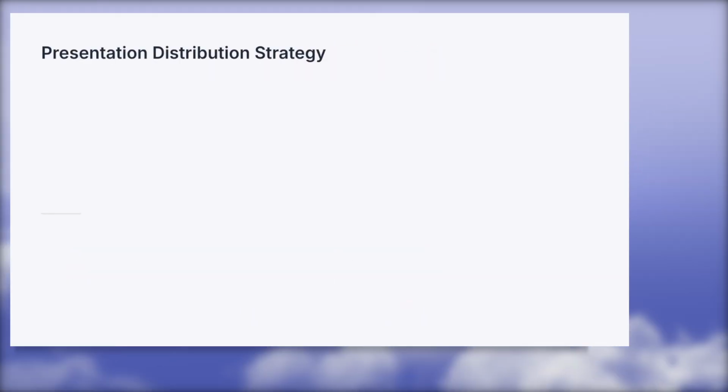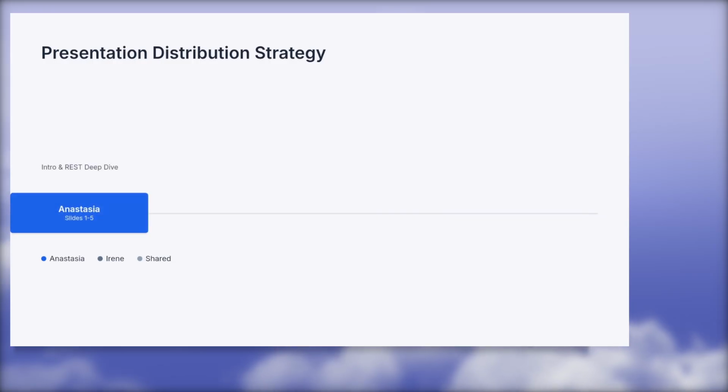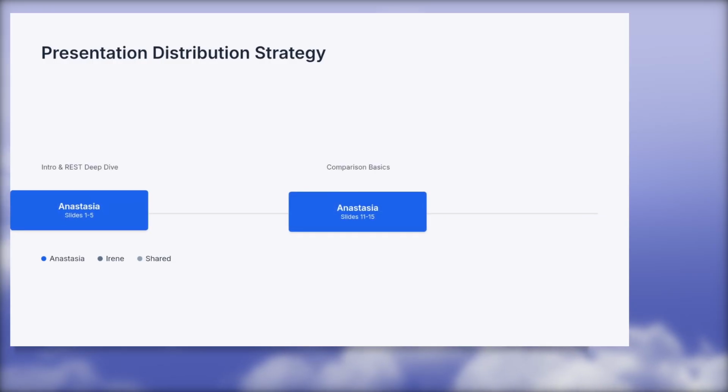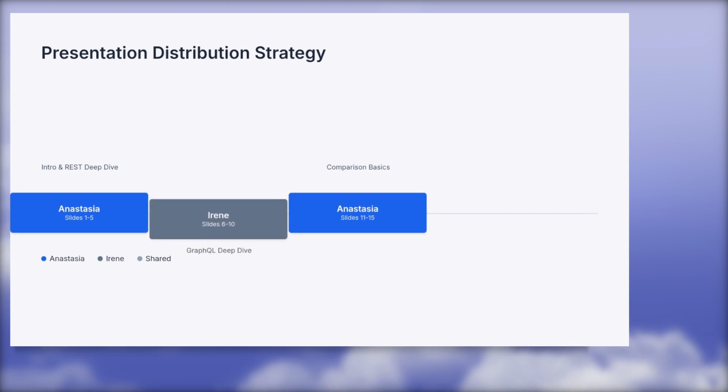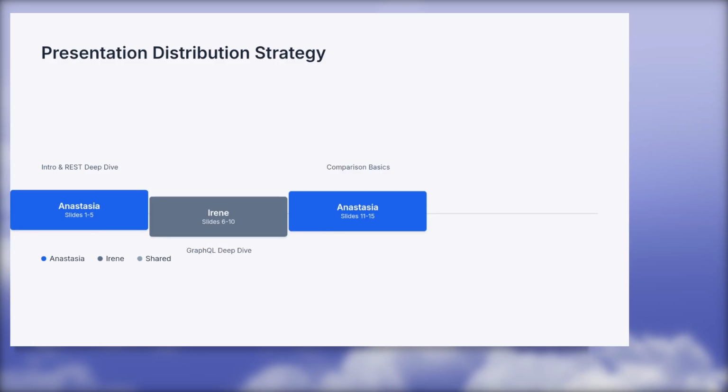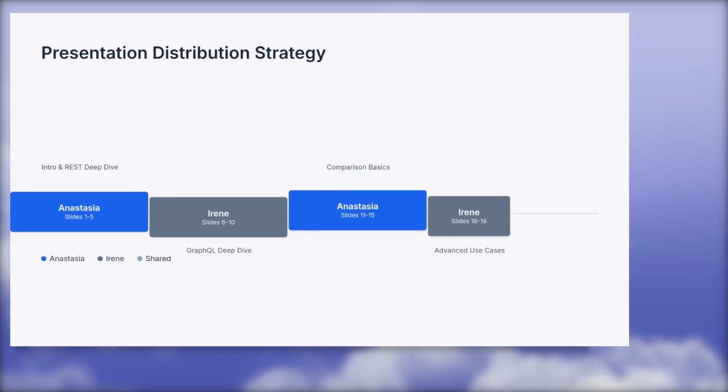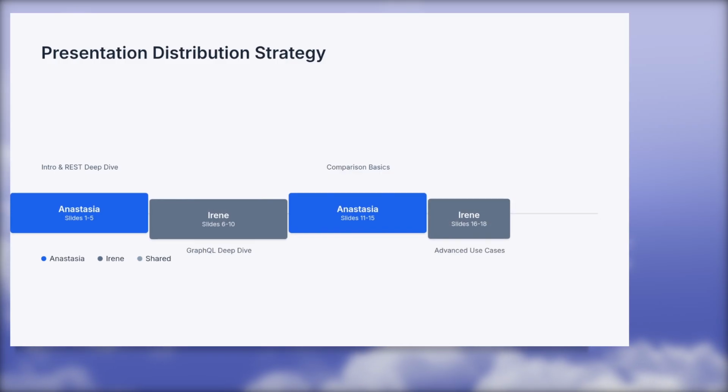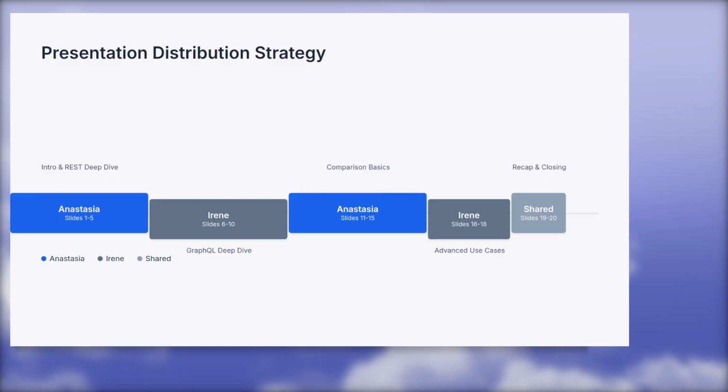We've organized it into 20 slides, each with 4 bullet points and much longer, more detailed conversational scripts from both moderators to offer richer context, nuanced trade-off discussions, practical examples, benchmark insights, and strategic guidance. To ensure more equal time distribution, Anastasia and Irene alternate leading sections more evenly. Anastasia handles slides 1 to 5 and 11 to 15, covering the intro, REST deep dive, and comparison basics. Irene leads slides 6 to 10 and 16 to 18 for the GraphQL deep dive and advanced use cases, and slides 19 to 20 are shared for recap and closing.